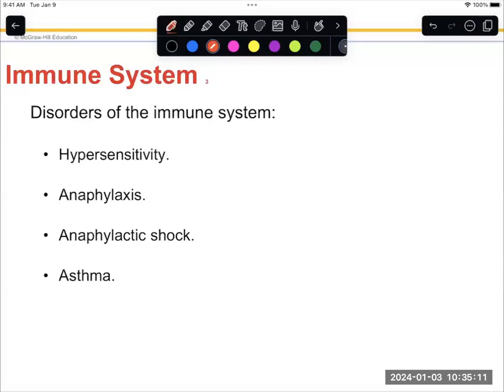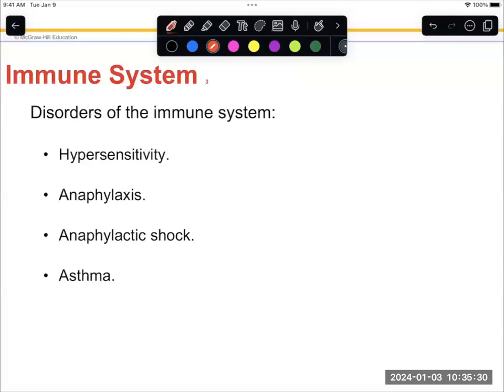Autoimmune, your own immune system attacking your own body. And then alloimmune is from transplants, your immune system attacking an organ that was transplanted into the body.